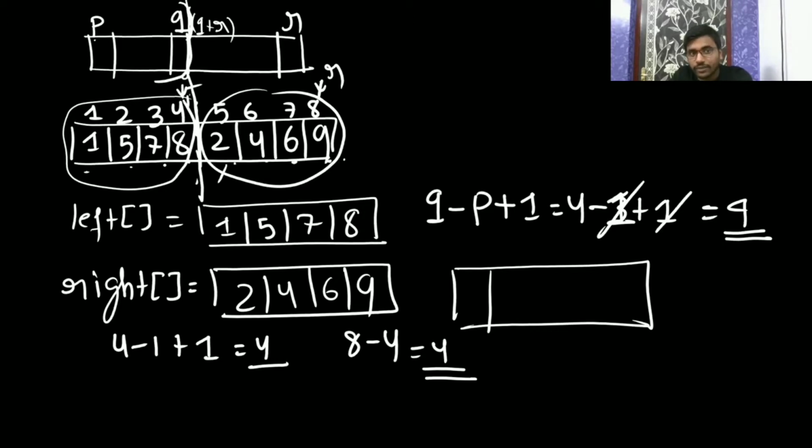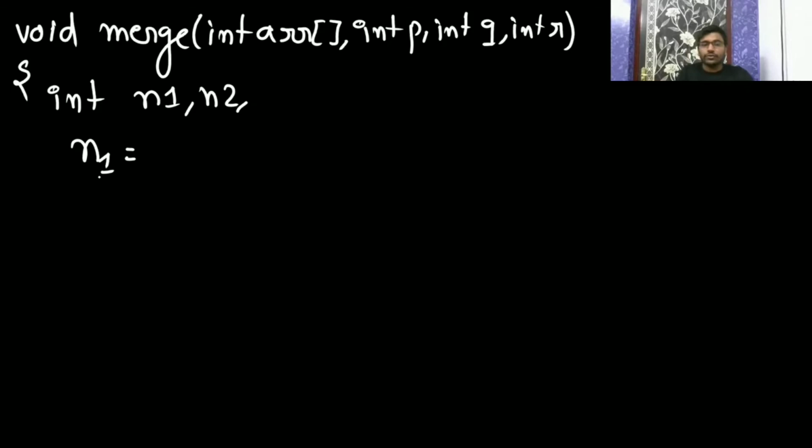If you add plus 1, then the value at the q index will also come, but we want q in the first half, in the left array. So we are creating two arrays, one left and one right. Left has the left half of the array and right has the right half. Please let me know whether it is clear or not. So n1, the size of the left half array, is q minus p plus 1, and the size of the right array is r minus q.